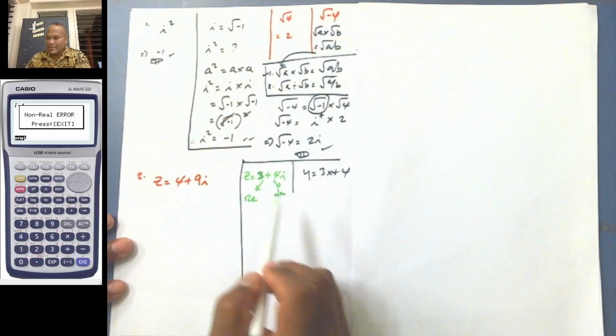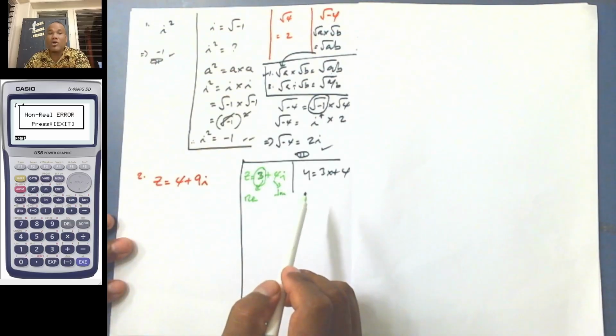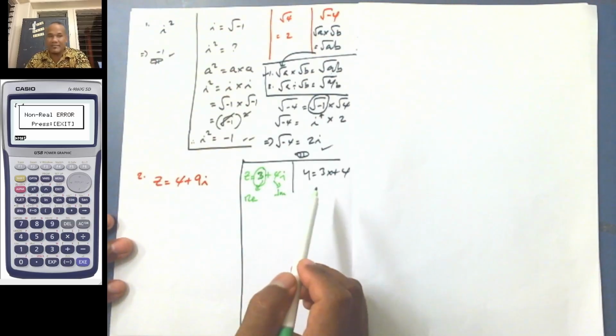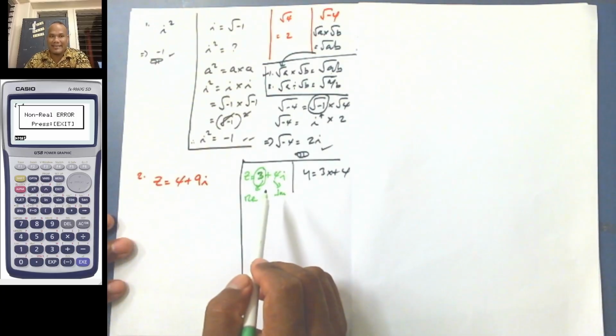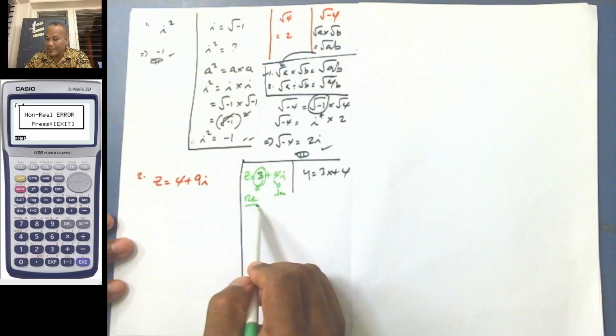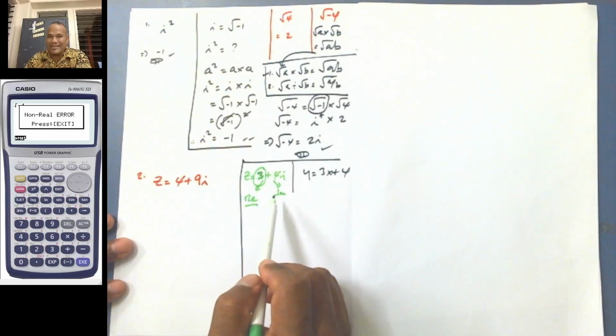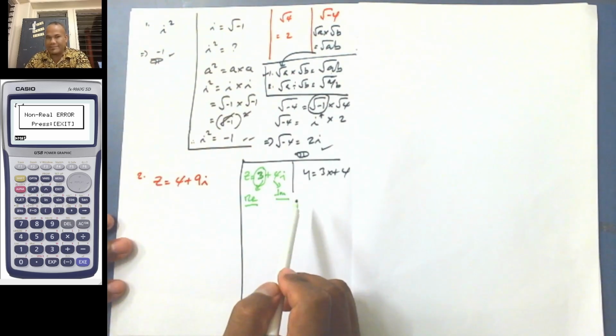Our real value has only a whole number. It can be decimal, it can be fraction, as long as it is a number without an i. A number without an i, we call a real number. A number that is written with i, we call an imaginary number.